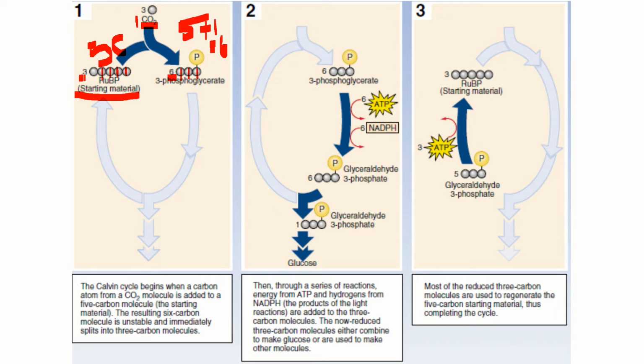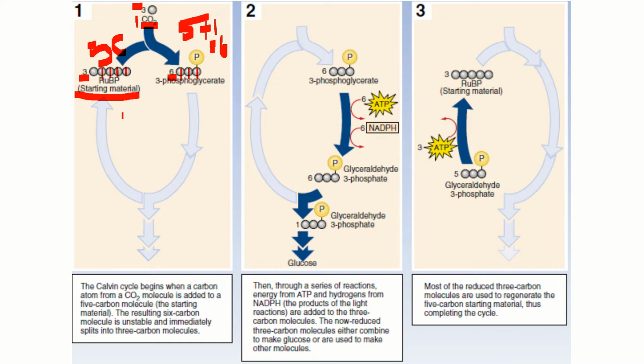3 molecules of RuBP combine with 3 molecules of carbon dioxide. So 3 molecules of RuBP means 3 times 5 is equal to 15 carbons, plus 3 molecules of carbon dioxide means 3 carbons.